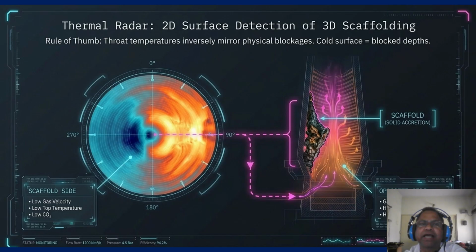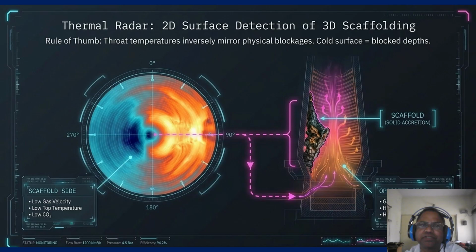Notice how the gas shown in the magenta arrow is forced to channel on the opposite side. On the scaffold side, you will see low gas velocity and low CO2. On the channeling side, you will see high top temperature and erratic burden descent. The so what factor is clear.